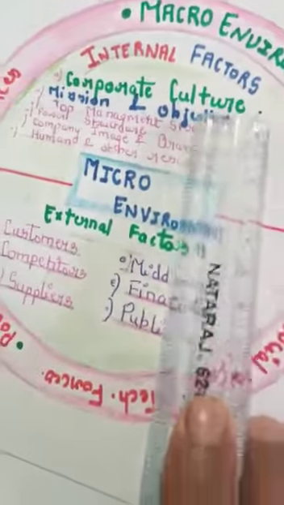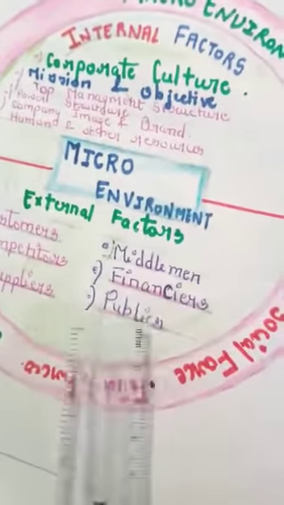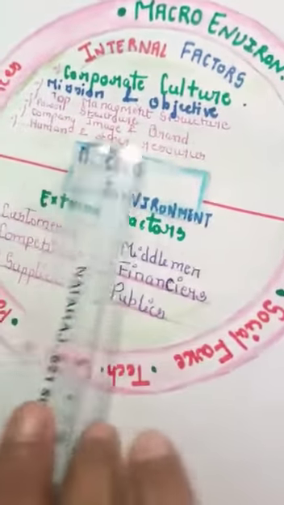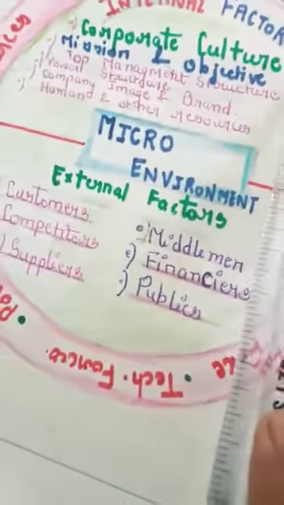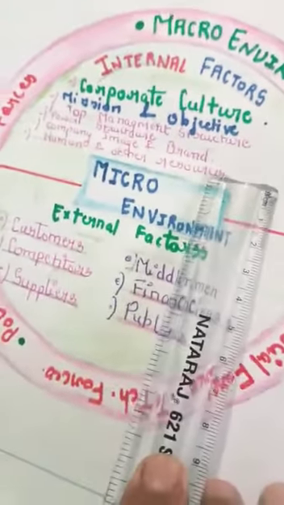Now the micro environment comprises two factors, internal factors and external factors. Internal factors comprise corporate culture, mission and objective, top management structure, power structure, company image and human and other resources.